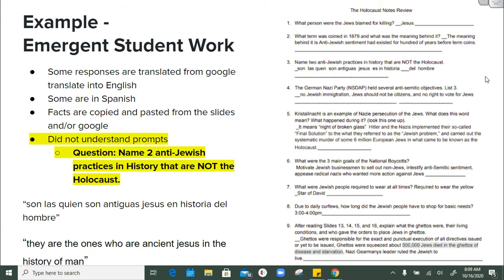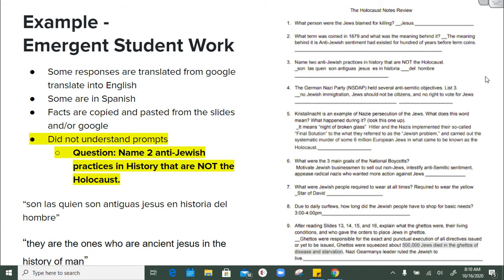You may get some responses that were translated from Google Translate, which is just fine. You may get some answers that are purely in Spanish, if that's their first language, or French if that's their first language. And often they did not understand the prompt.